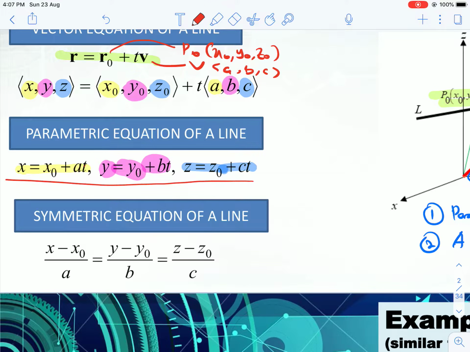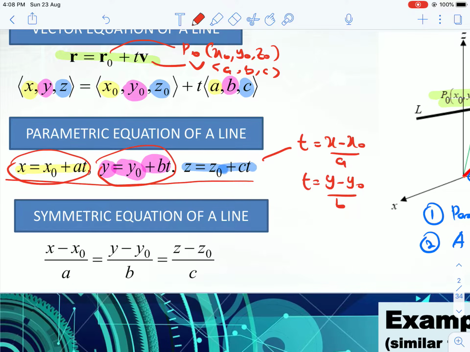So if we solve for t, we get t equals x minus x naught over a for the x equation, t equals y minus y naught over b for the y equation, and t equals z minus z naught over c for the z equation.